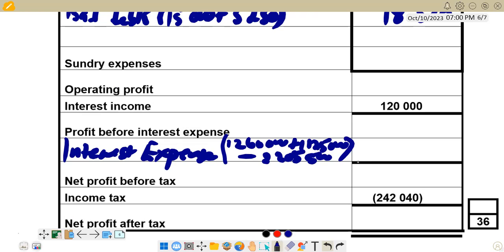By this calculation, we got 179,500. Remember, this is an expense, so we are subtracting.